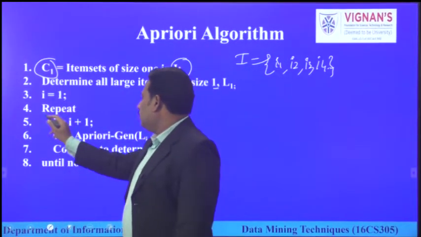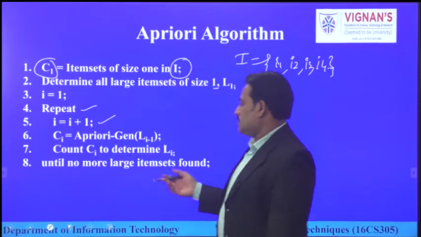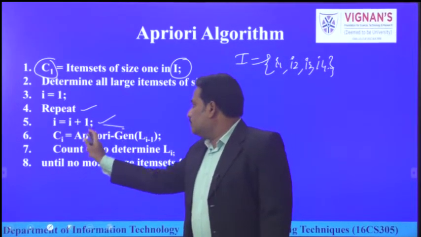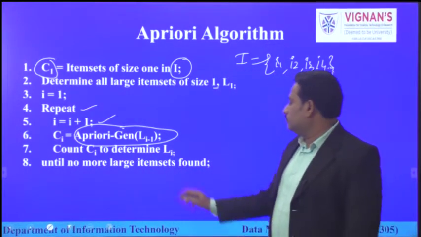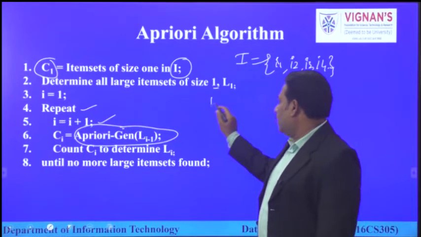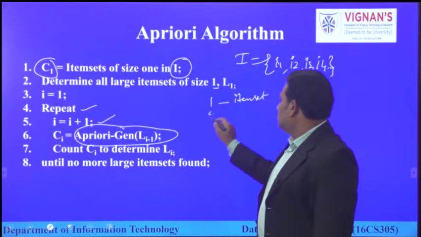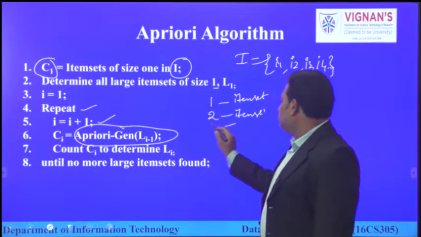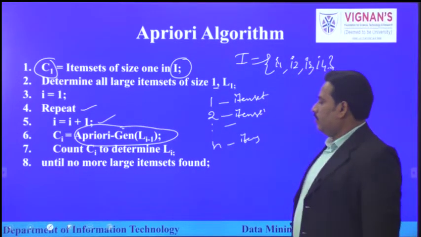Here I equals 1, repeat the process, I equals I plus 1; that is the initial step. Now look here, the Apriori generation function is going to be used. In this Apriori generation, large item sets based on 1 item set, after that 2 item sets, and we can go up to n item sets, is going to be repeated.